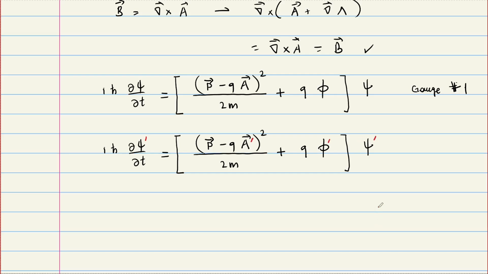This is gauge choice number 2, and the question is, how can we be sure that gauge choice number 1 is consistent with gauge choice number 2? That's what I want to show in the next few minutes. The question is, are these two equations compatible?